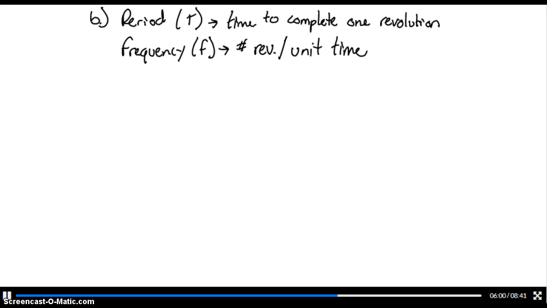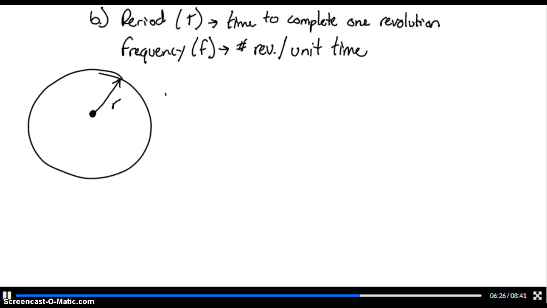So as we look at this, let's just look at a basic circle here. Let's pretend that that's our Earth, and we have a satellite orbiting that. We would have a radius r, and hopefully that would be drawn a little bit better, but it's not. We'll deal with that. The distance that that satellite is traveling in one full period, one full revolution, is going to be equal to 2 pi r, simply just the circumference of our circle.